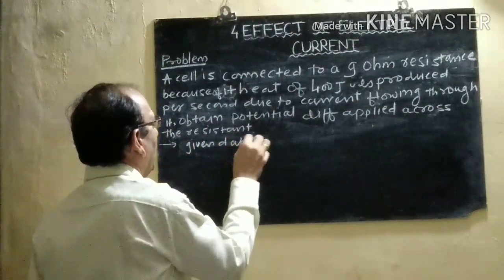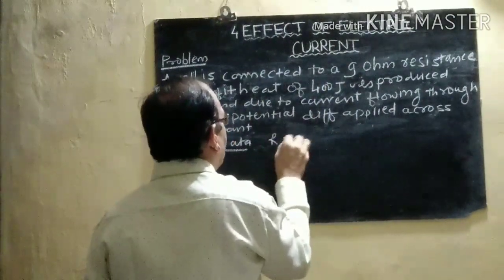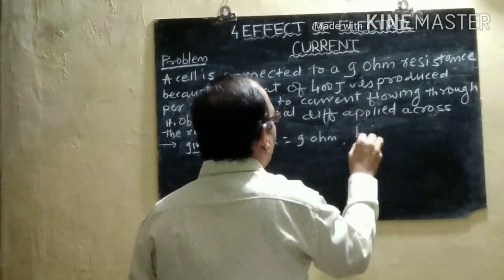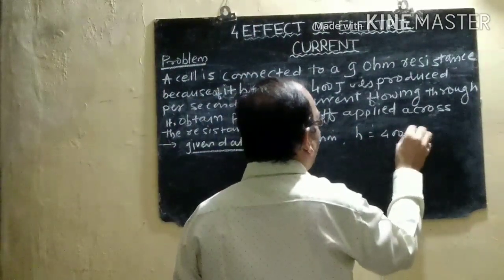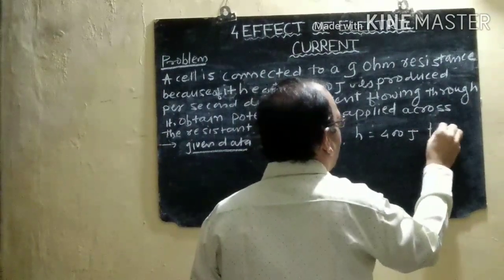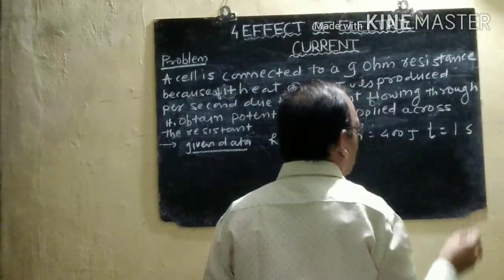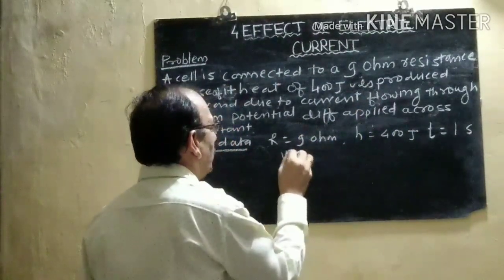The resistance is 9 ohm, the heat produced is 400 joule, the time for which the electrical current flows through the circuit is 1 second. You have to calculate the potential difference.